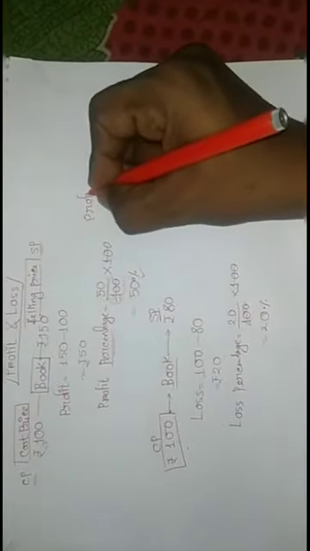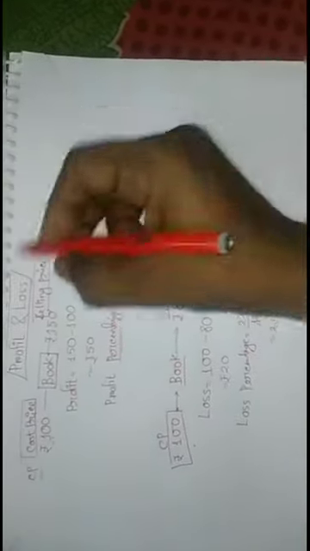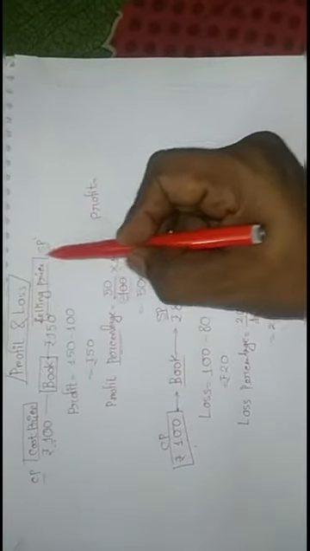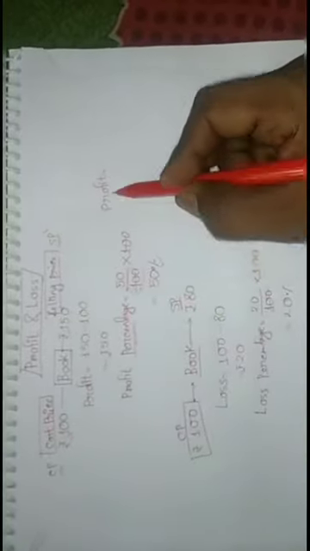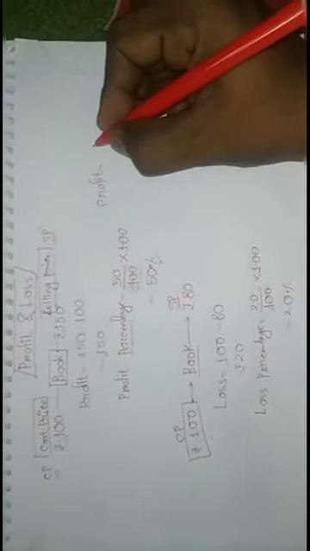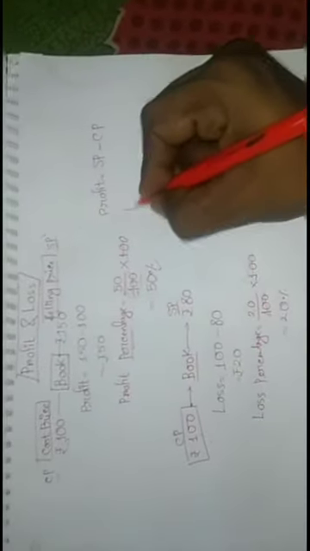Now from these two examples I can write that profit equals to selling price minus cost price. Why? When selling price is bigger than cost price, then we get profit. But loss equals to what?